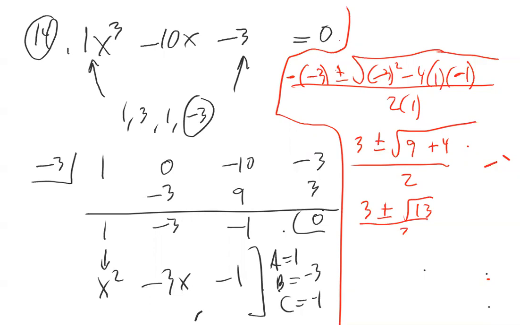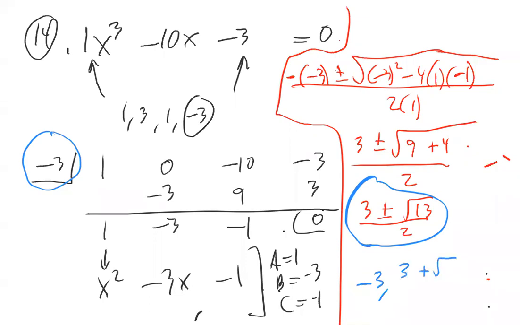Now when you enter your answers into the computer, there are 3 answers you need. You need this answer, and then you need those. That's actually 2 answers. So you'll type negative 3 for the first answer, and then you'll type 3 plus the square root of 13 all over 2.